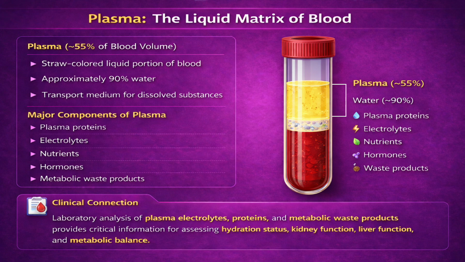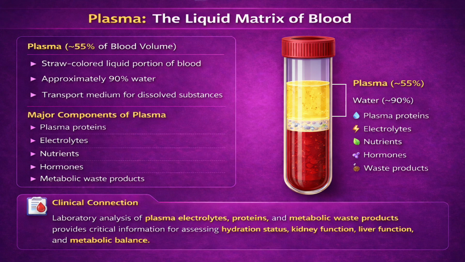Within this fluid environment, plasma transports electrolytes, nutrients, hormones, metabolic waste products, and various proteins that are essential for maintaining physiologic balance. Among the most important components dissolved in plasma are plasma proteins, which include albumin, globulins, and fibrinogen.